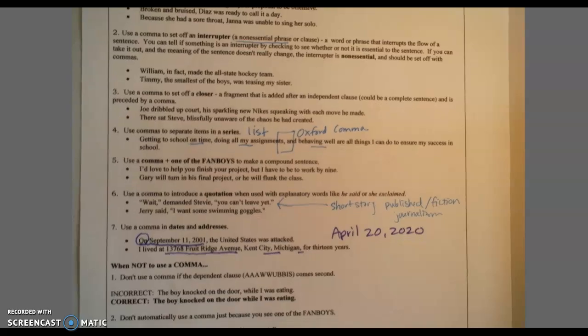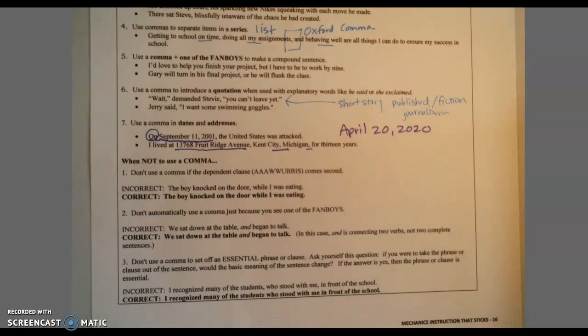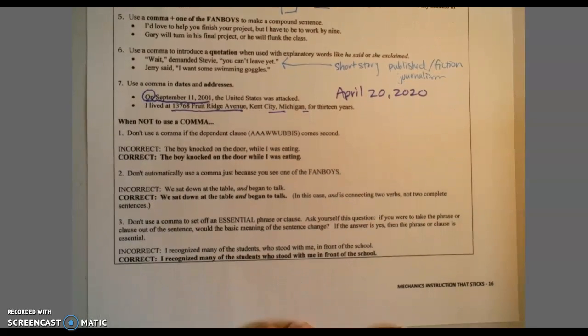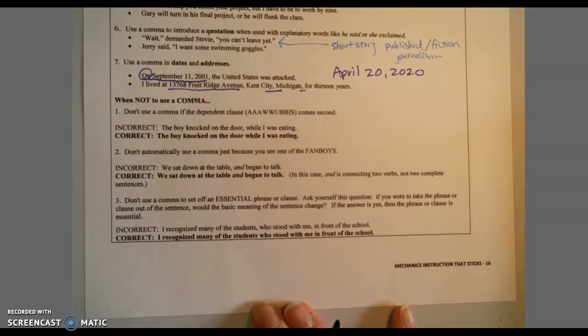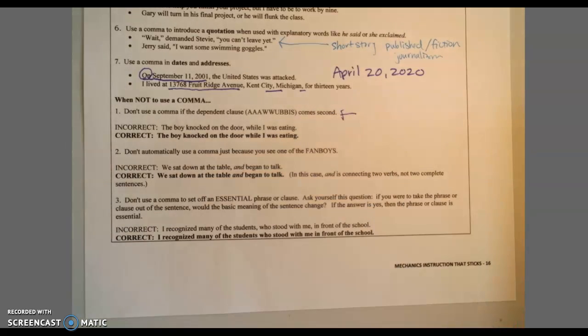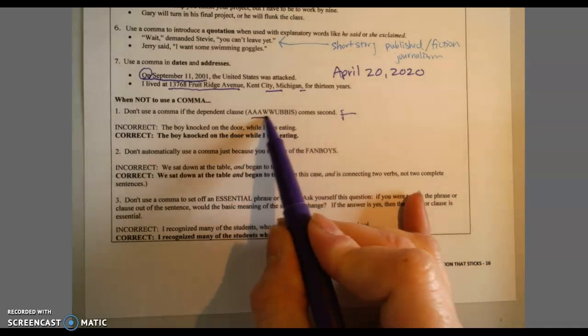Then we have some instances where we don't use commas, and I was seeing a lot of misused commas on the essays that I graded. So we do not use a comma when we have a dependent clause closer, right? So remember, how do we get a dependent clause?